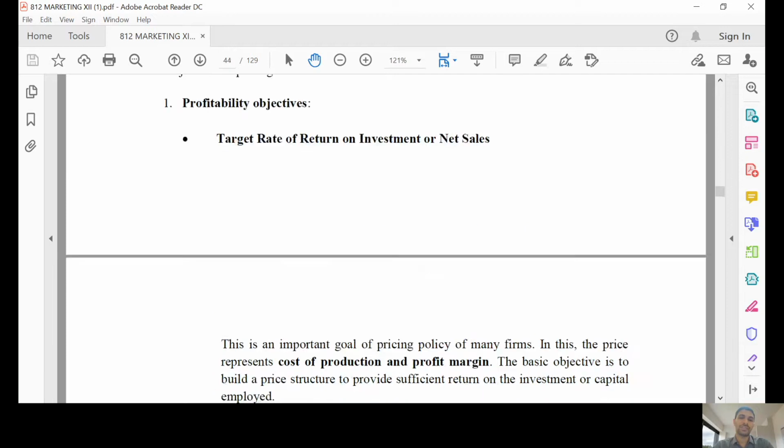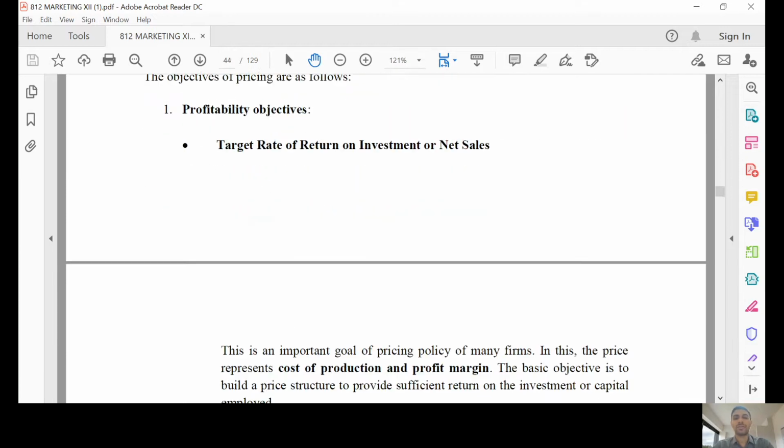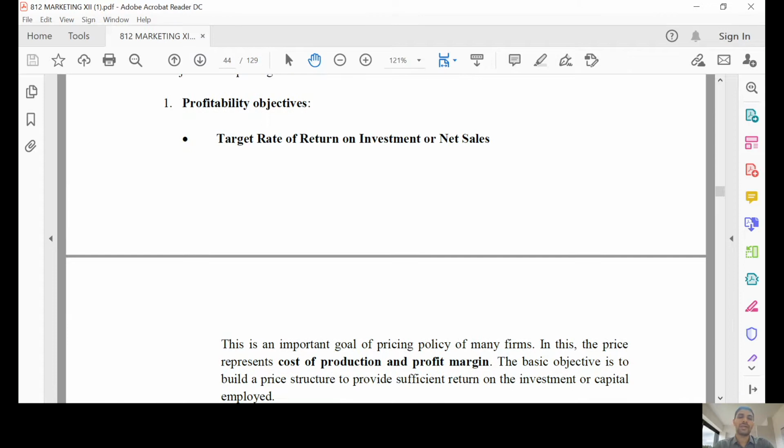Also profit maximization. The target rate of return on investment means we are investing lots of money in our business, and that money we want to get back. Suppose we are investing heavily in research and development, constructing a new factory, buying new assets, or starting a new business. In that case, we are investing money, and we want to get all this money back. How will we get it back?